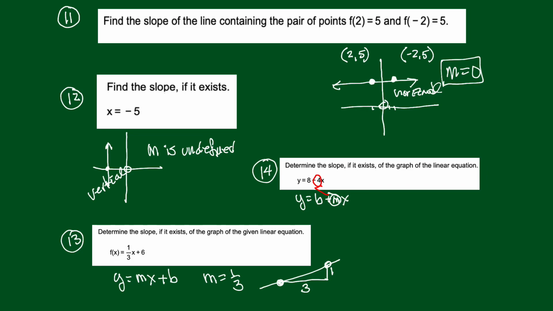It doesn't matter whether it's written as mx plus b or b plus mx. Addition is commutative, but the multiplier of x is the slope. So the slope here is negative 4. Let's write it so it's readable: the slope is negative 4.